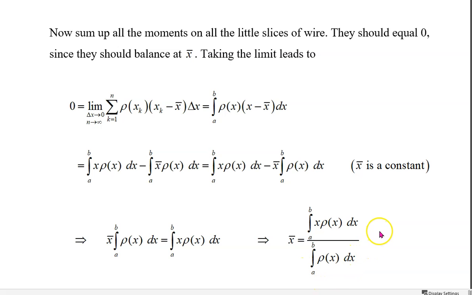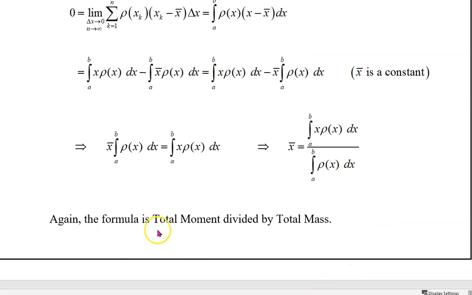Again, the formula is the total moment, which is mass times distance, divided by total mass. Remember that rho of x dx will give us the mass, and then mass times distance gives us total moment. In the denominator, rho of x dx gives us total mass when we integrate from a to b.